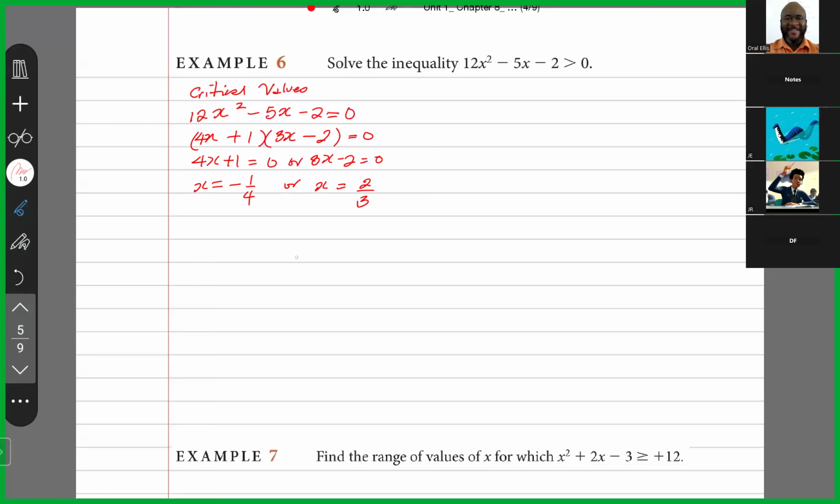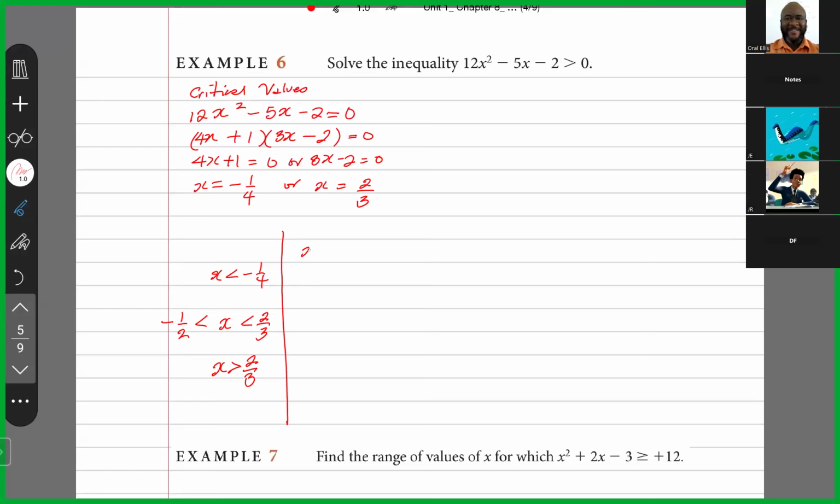Drawing now my sign table. Over here I have the values of x, starting with x less than minus a quarter. In the middle, x is less than 2/3 but greater than minus a quarter. And finally, x is greater than 2/3.